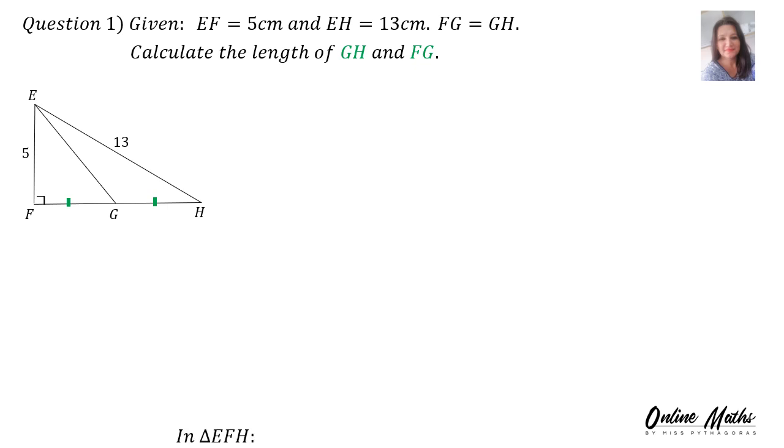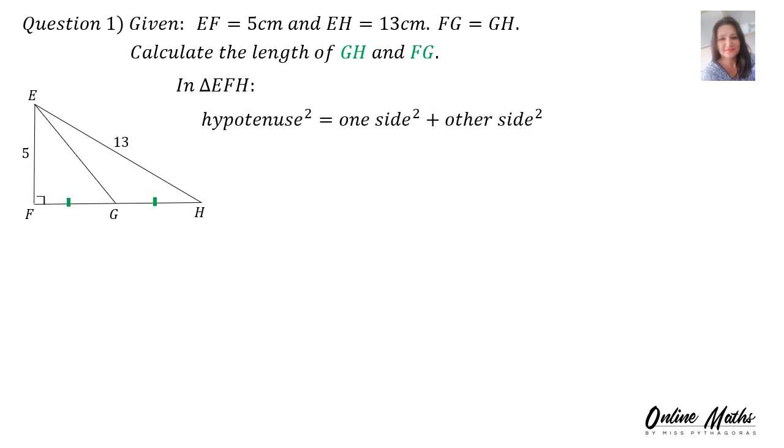So let's start. In triangle EFH, we can say hypotenuse squared is equal to one side squared plus the other side squared. Hypotenuse is EH squared is equal to EF squared plus FH squared. And the reason? Pythagoras.